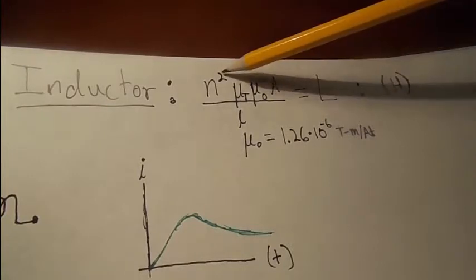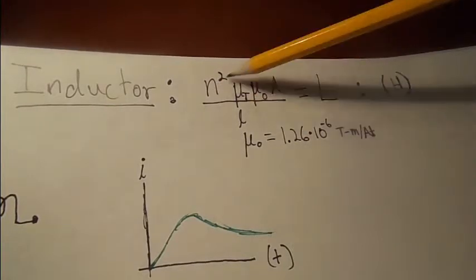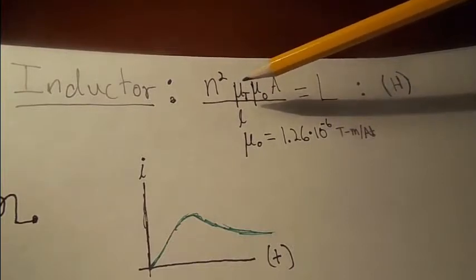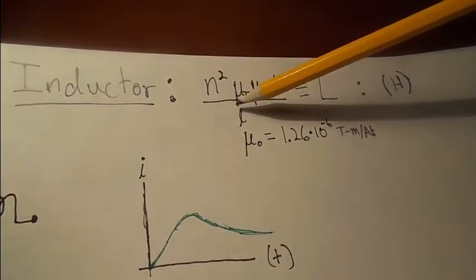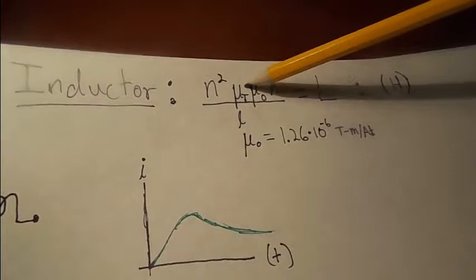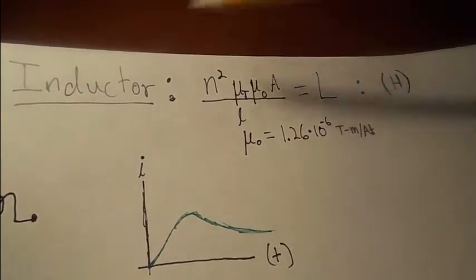L is going to equal the number of turns squared times the constant of the permeability of whatever you have in there.